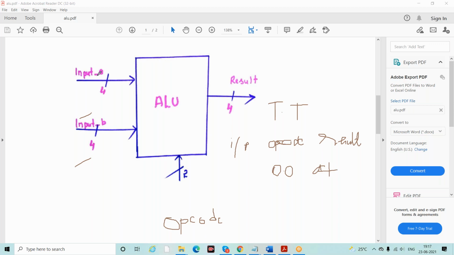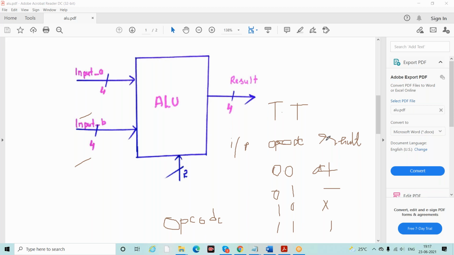That means input A adds with input B. 0 1 is minus, so A minus B. 1 0 is multiplication. 1 1 means division. So likewise, I am going to implement a 2-bit ALU.